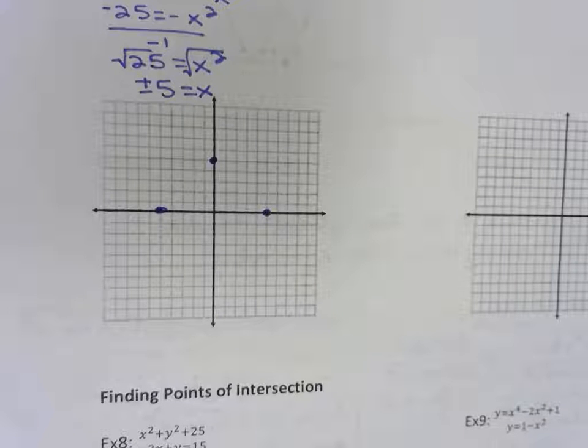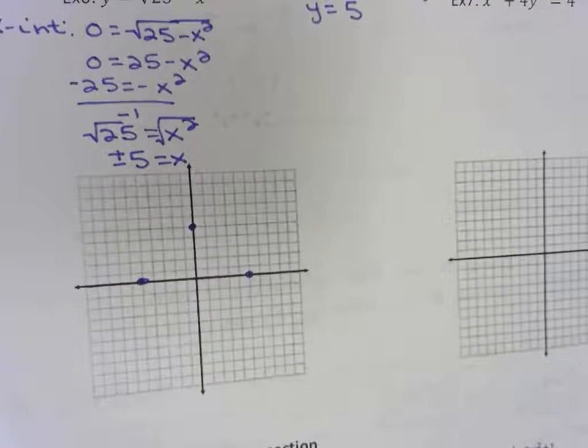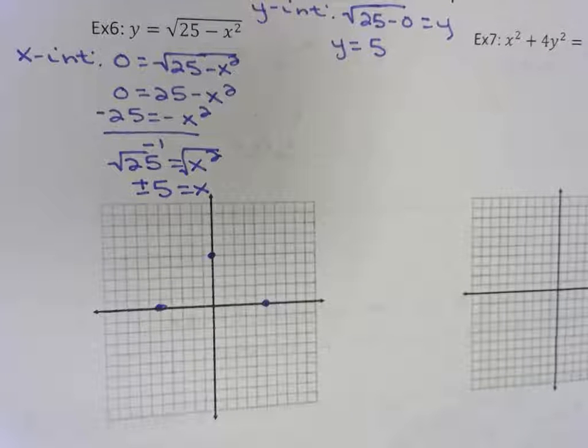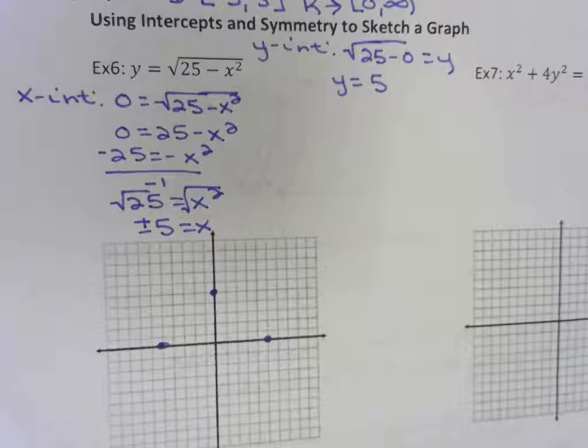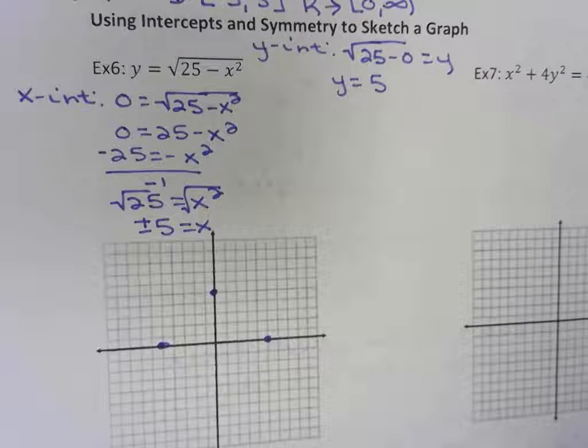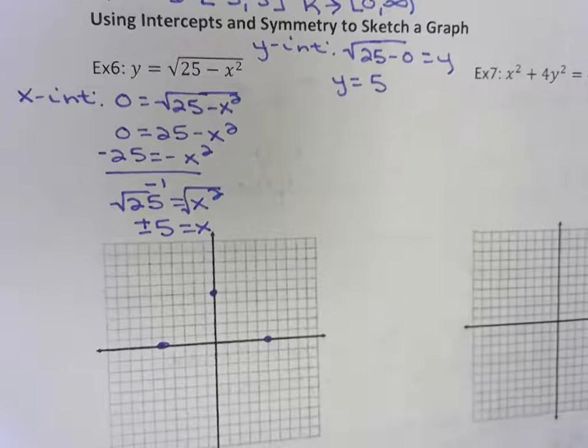Something like that. We kind of see what it might look like. Do I see it? Maybe? Okay. Well, let's just check symmetry. Just by looking at this equation, I'm thinking maybe symmetric with the y, because I see x squared, an even exponent.